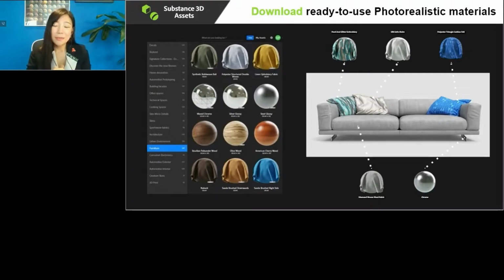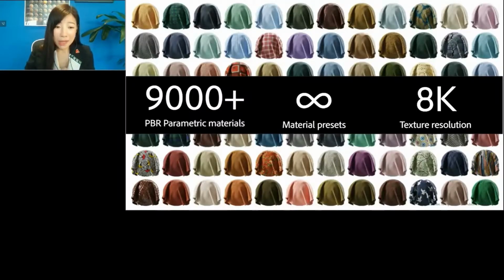So in the end, we have the Substance 3D Assets. It's a full library, including modeling and materials, even though for modeling, we have actually just started. For the materials, it's just the best PBR materials in the world, and of course, it's the biggest. Why do I say it's the biggest?